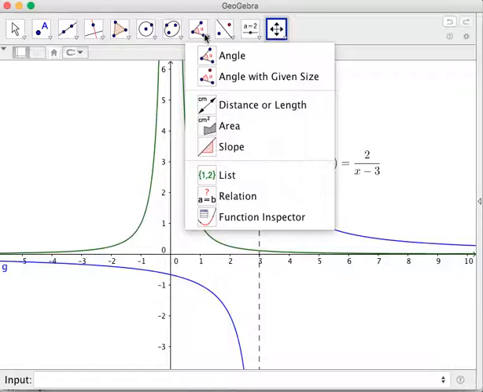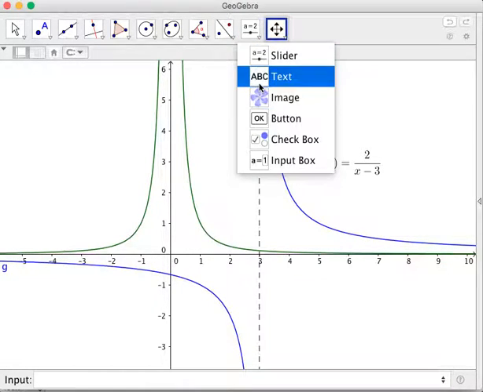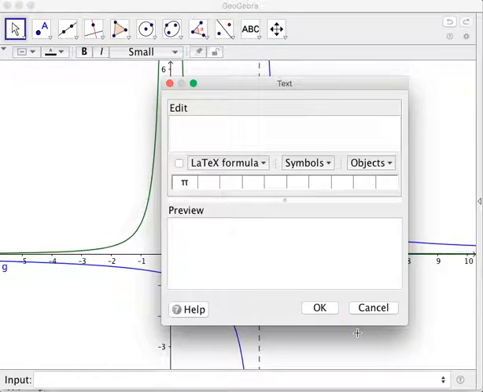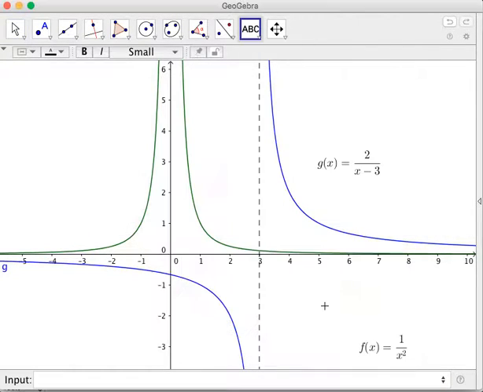Let me check. Saan yung ating text? Okay. f of x equals 1 over x squared. This one, yung kulay green.